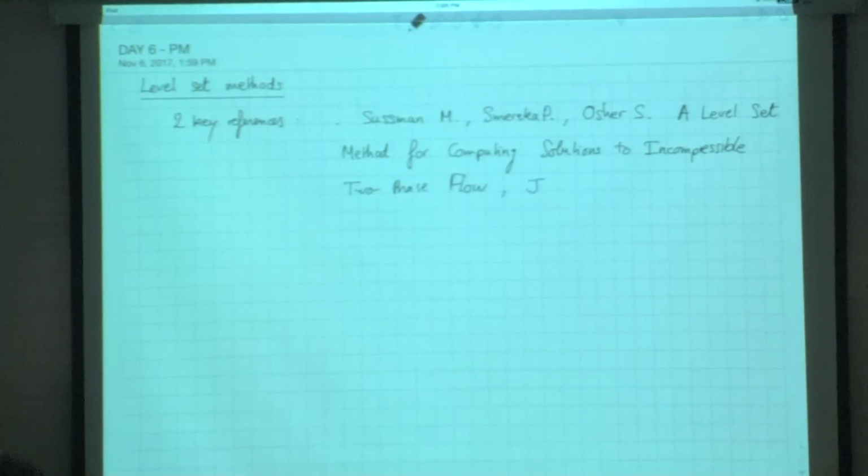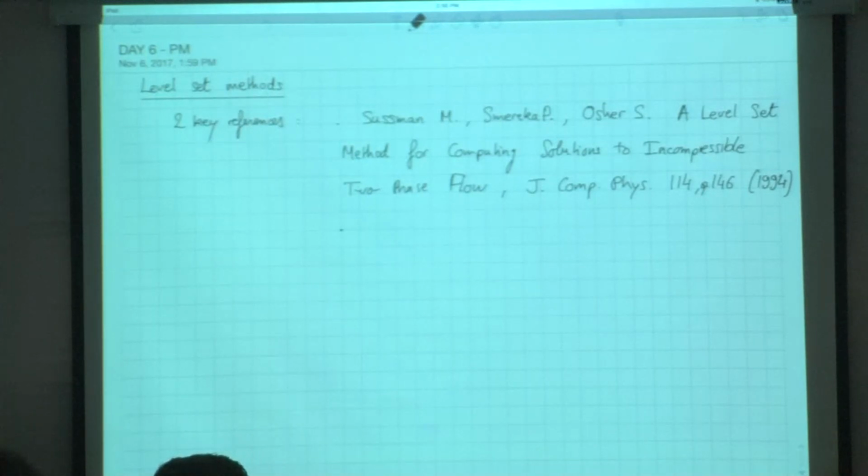This is a Journal of Computational Physics paper, and I have the full reference, so I might as well write it. Page 146, and it's from '94.